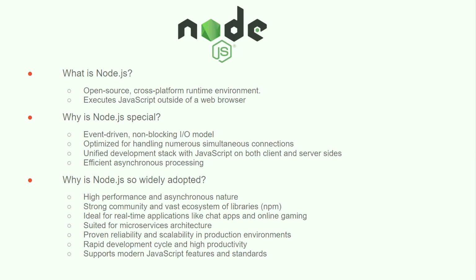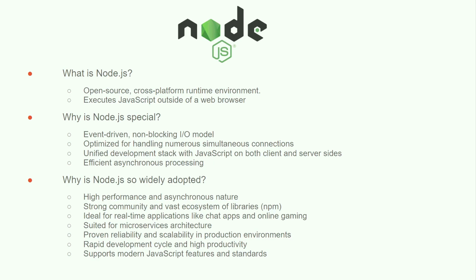meaning Chrome, Firefox, or maybe Safari. When we say everywhere, we mean the front end, middleware, and back end. It allows JavaScript code to be run outside of a web browser using Chrome's V8 JavaScript engine for fast execution. When we think of JavaScript, our mind tends to go to web development.